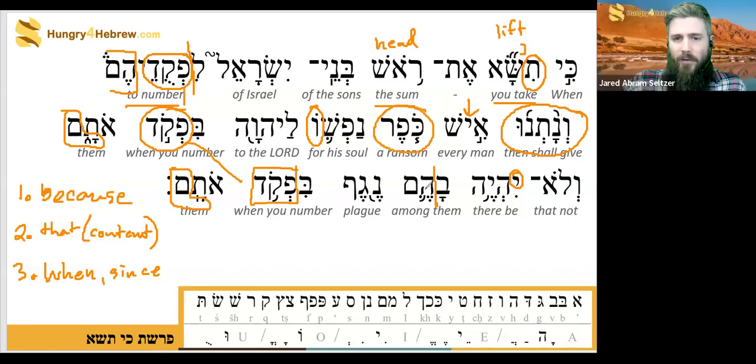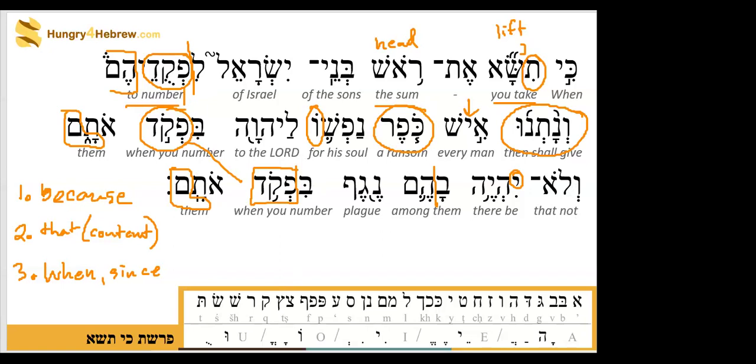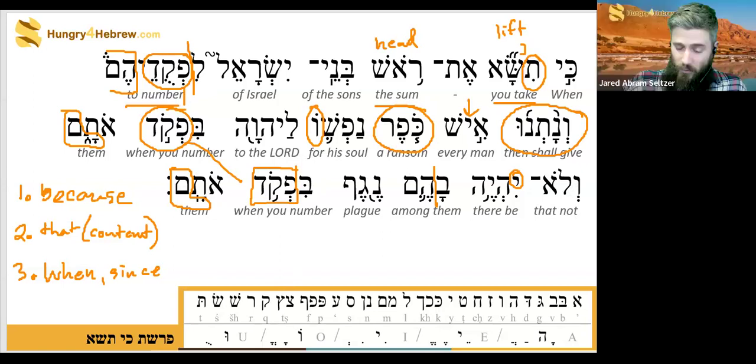So what is this? Had David actually paid the ransom for every head counted, would the plague not have happened? That's a really good question. It certainly would have brought his pride down a couple of notches if he had to pay per person.